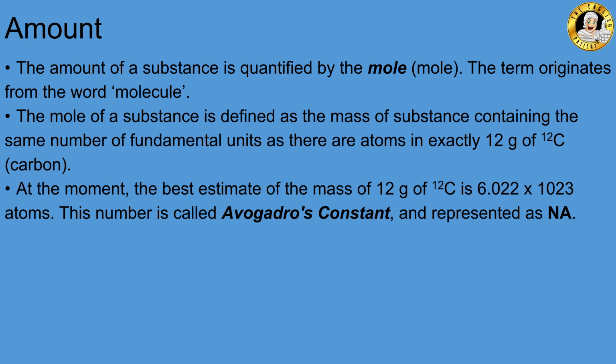At the moment, the best estimate of the number of atoms in 12 grams of carbon-12 is 6.022 times 10^23 atoms. And this number is known as Avogadro's constant, and the representation of this is the capital symbol N_A.